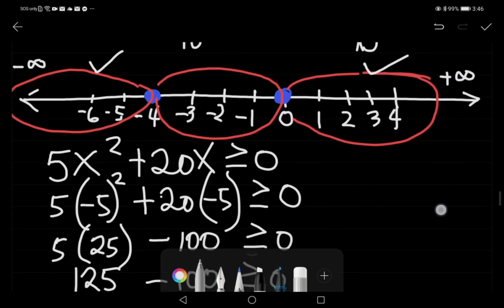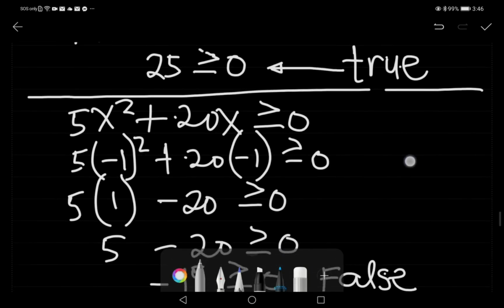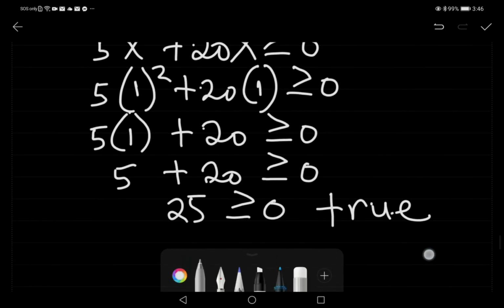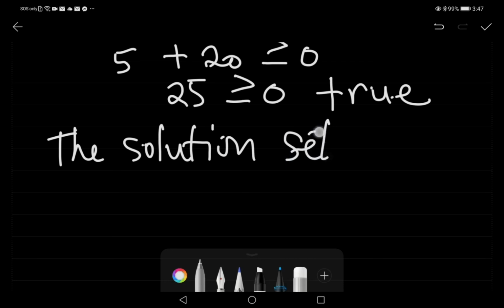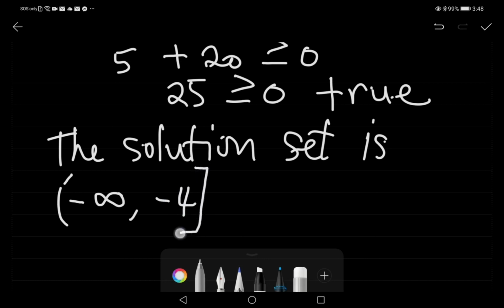So ang solution set is negative infinity and negative 4. Nya bracket atong gamiton kay apil man siya.